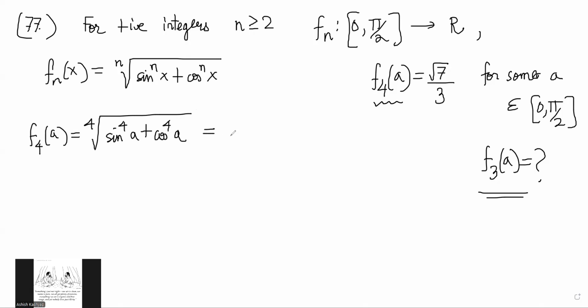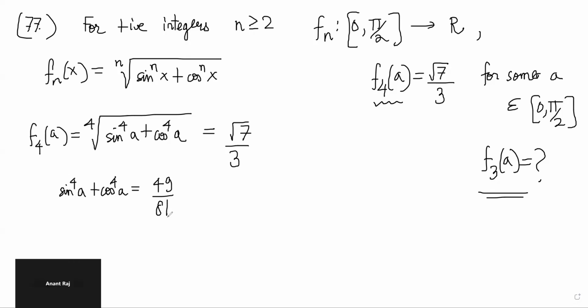So we have that it is equal to root 7 by 3. So basically by squaring, you will be able to simplify it a little bit, right? If you square it, what are we getting? Sine power 4a plus cos power 4a is equal to 49 by 81, right?